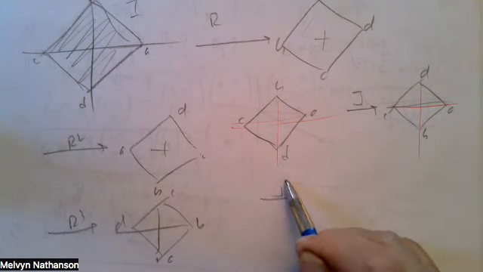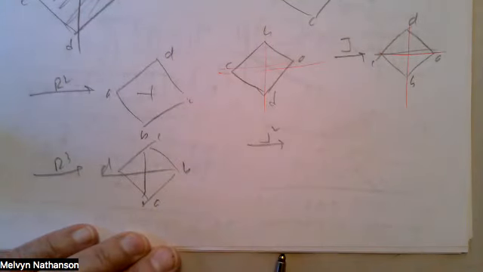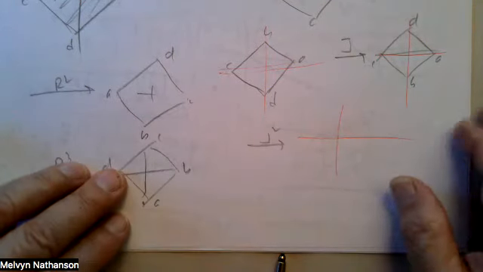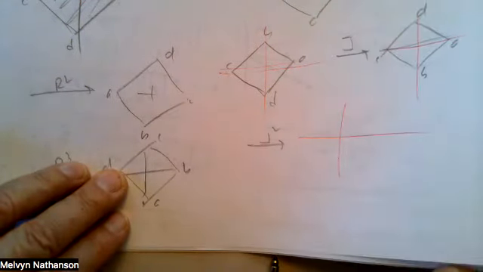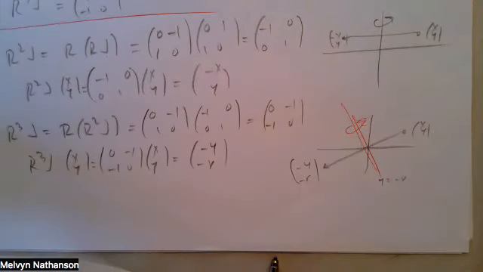If I apply J squared to the square, what is J squared? Let me go back and check. Sorry, not J squared.